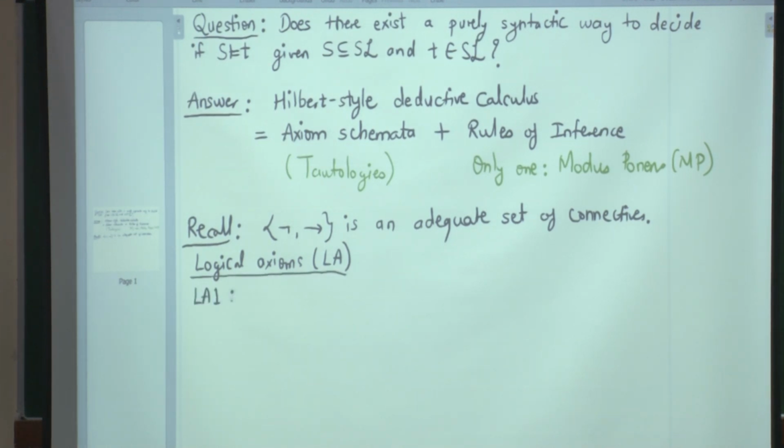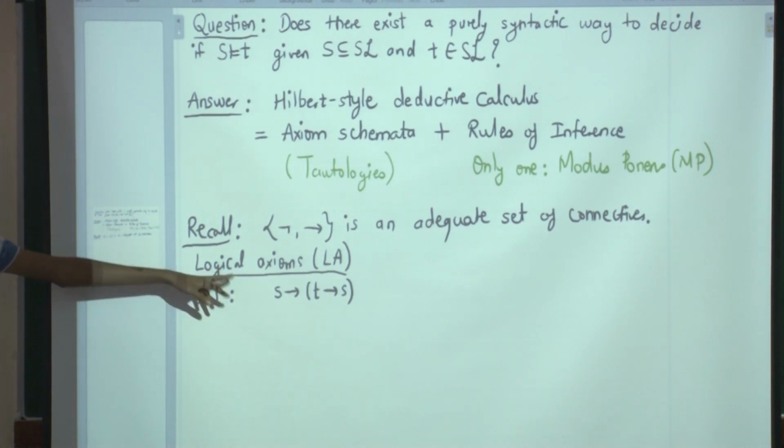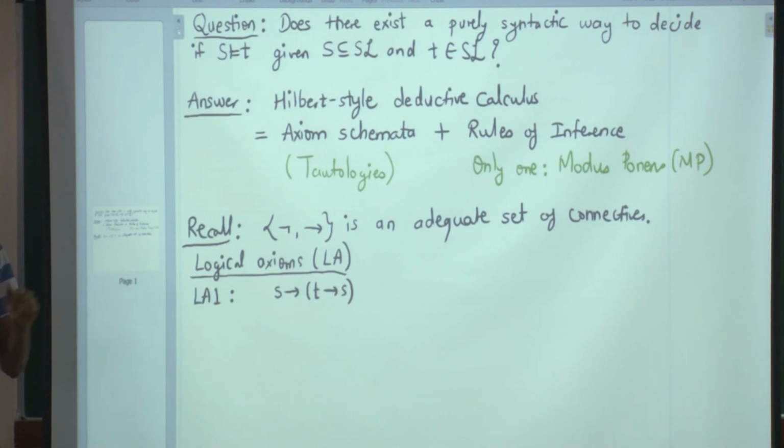LA1 is the statement S implies (T implies S). Can you check quickly? If you take this statement, S and T are any formulas, then can you check that this is a tautology?